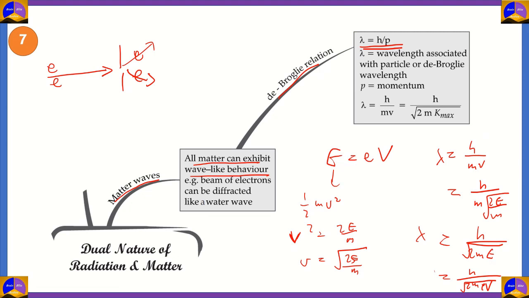So h divided by root of 2meV is equal to the wavelength of the matter wave. So lambda here stands for wavelength associated with the particle, which is also known as the de Broglie wavelength. And when V is equal to stopping potential, then you'll get eV as K max. So this formula here is the situation when the voltage is equal to V naught.